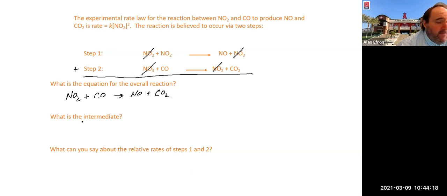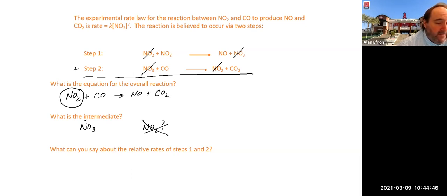Now, when we're looking for the intermediate in this case, the intermediate is NO3. What about NO2? Is that an intermediate? Hopefully you determined that it is not. Although it reduces down, it is still present in the overall reaction.